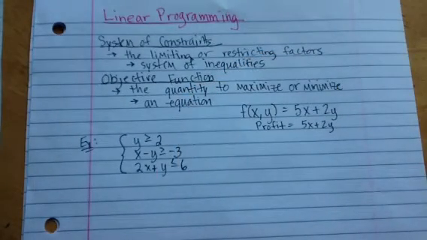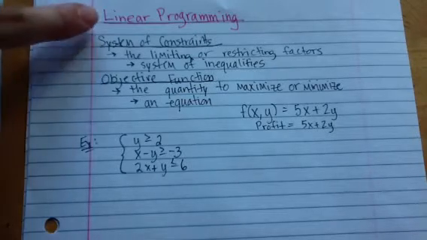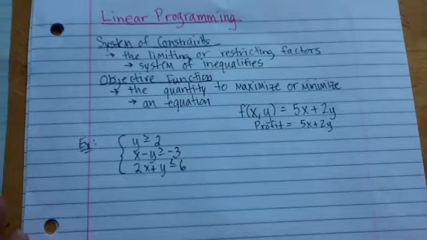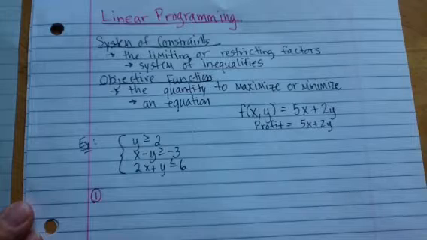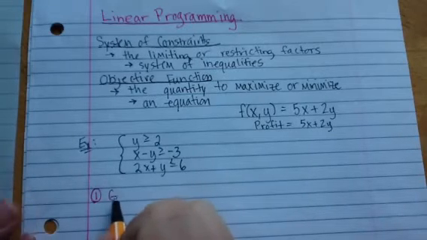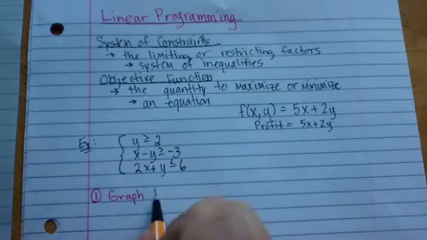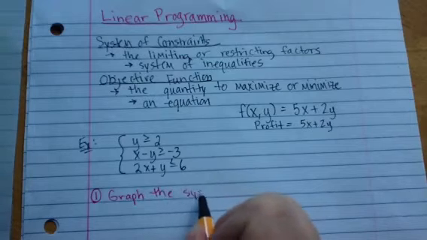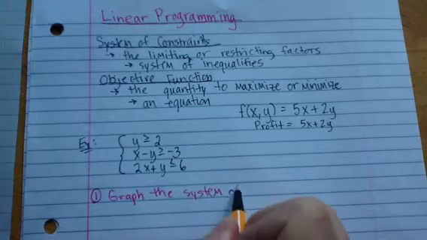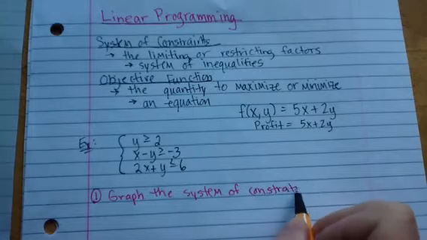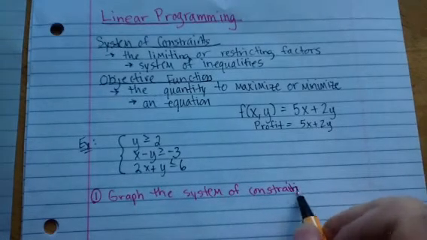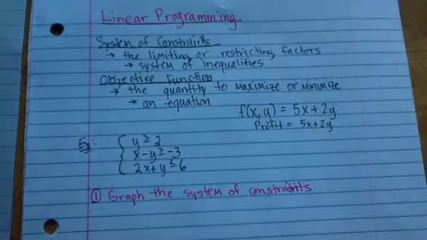As we go along through this problem, I'm going to be writing the steps for linear programming, kind of in that same pink color that the title is. So the first step in linear programming is going to be to graph the system of constraints. Oops, little spelling error. Graph the system of constraints.